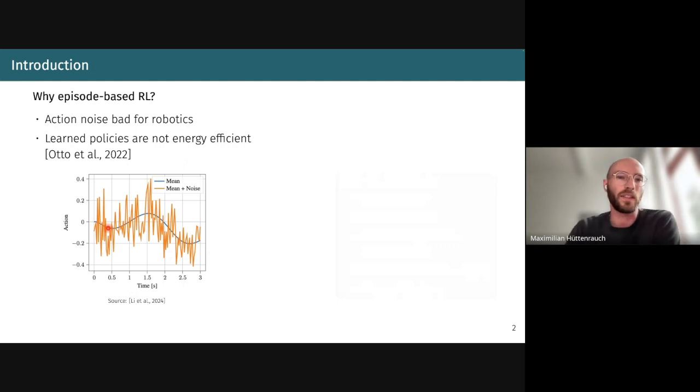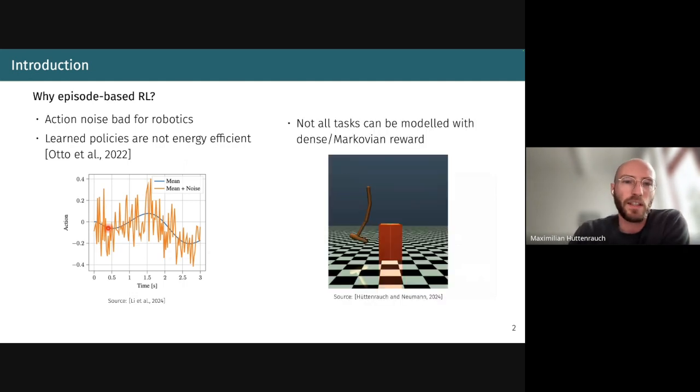Another reason is that we cannot specify every task in a sense that it's a meaningful step-based reward. For example, in the previous example, this hopper was tasked to move forward. But what if we wanted to jump on top of a box, for example? This means that the reward maybe is not dense in time, so it may be a sparse reward.